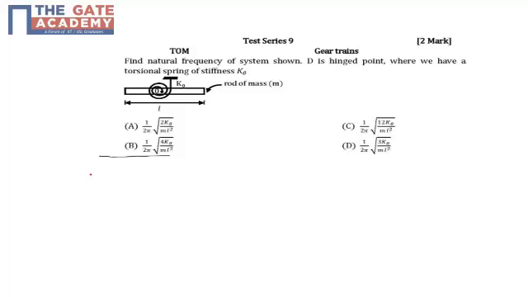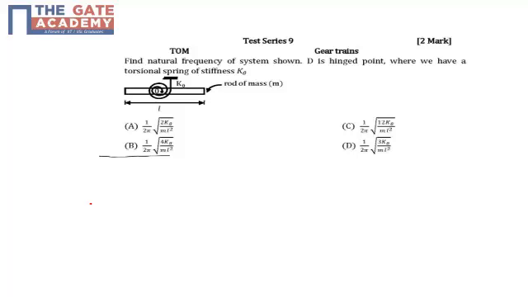So we use the regular conventional force method. If you remember how we used to calculate the natural frequency for the spring, we used to deflect the mass by x from equilibrium, and then write the equations for that mass.